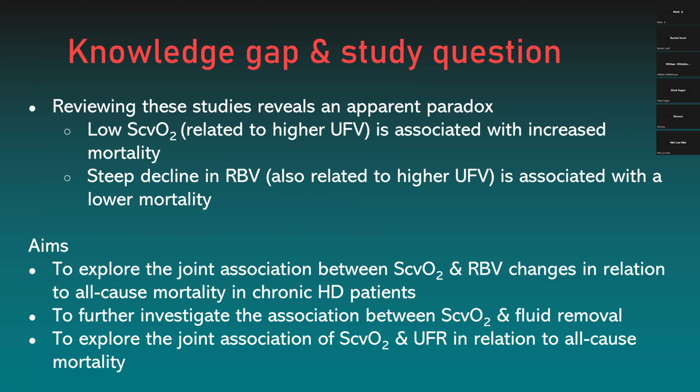The aims of the study were to explore the joint association between central venous oxygen saturation and relative blood volume changes, and how those parameters together influence all-cause mortality in this population of chronic hemodialysis patients. They also wanted to look at how fluid removal factors into that, and also ultrafiltration rate.